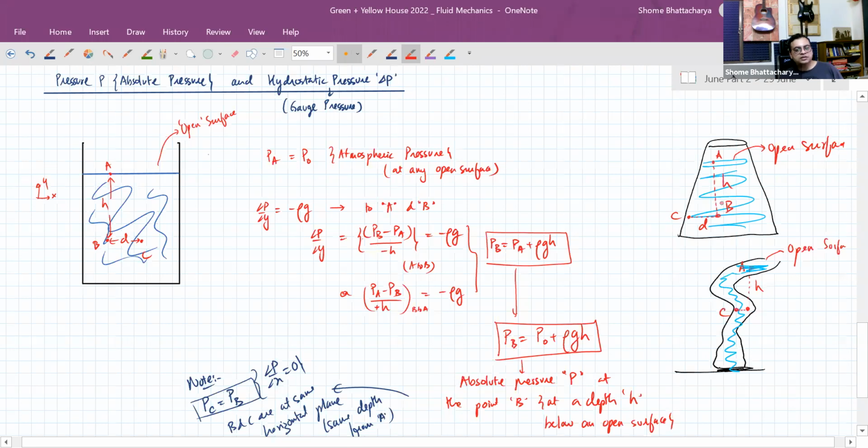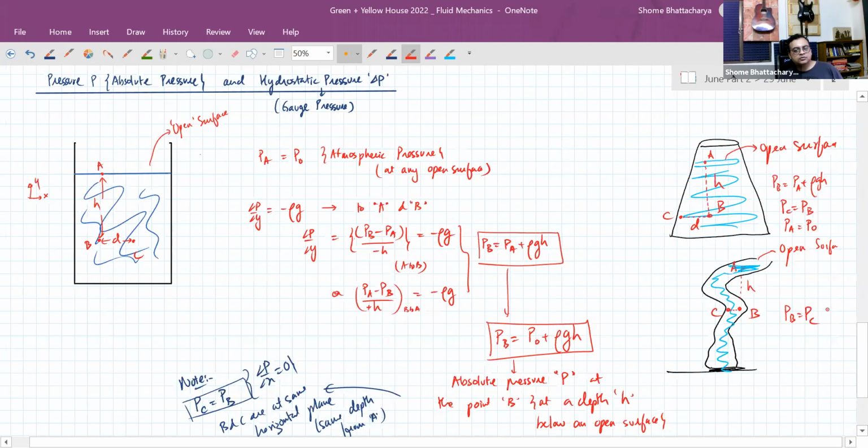So the same equations will apply everywhere. Here also PB will be equal to PA plus rho GH, and PC will be equal to PB, and PA will be equal to atmospheric pressure. Here also the same thing: PB will be equal to PC equal to P naught plus rho GH, because of the pressure at the point A.